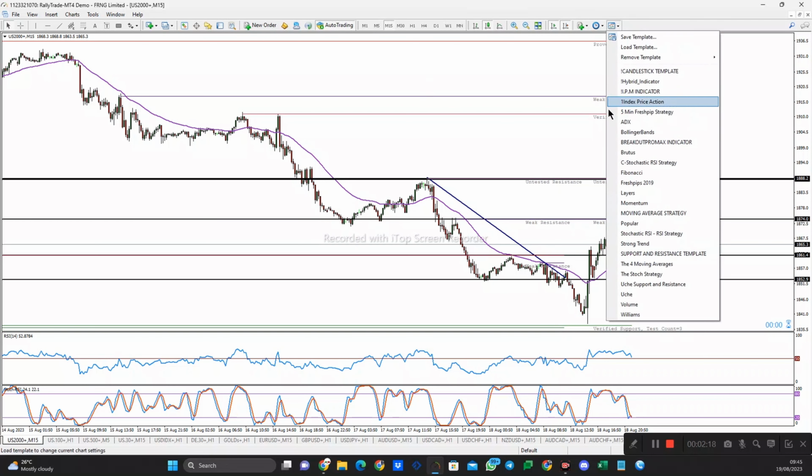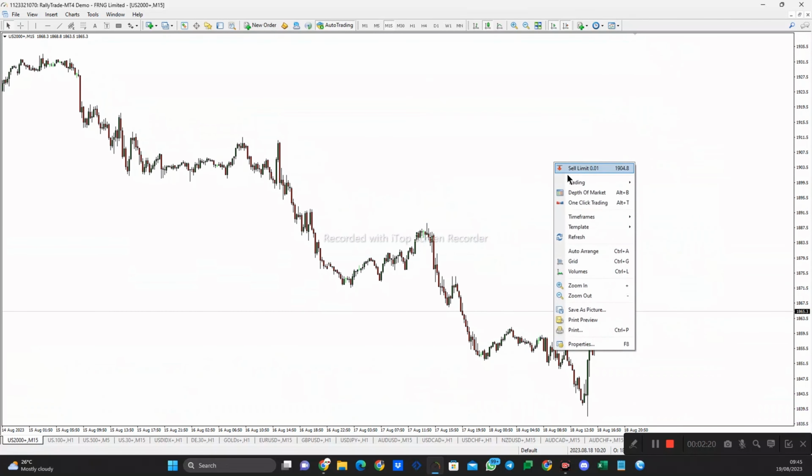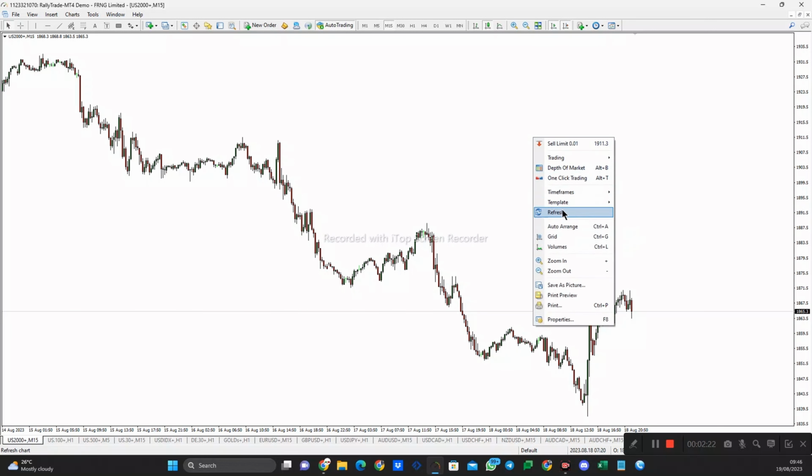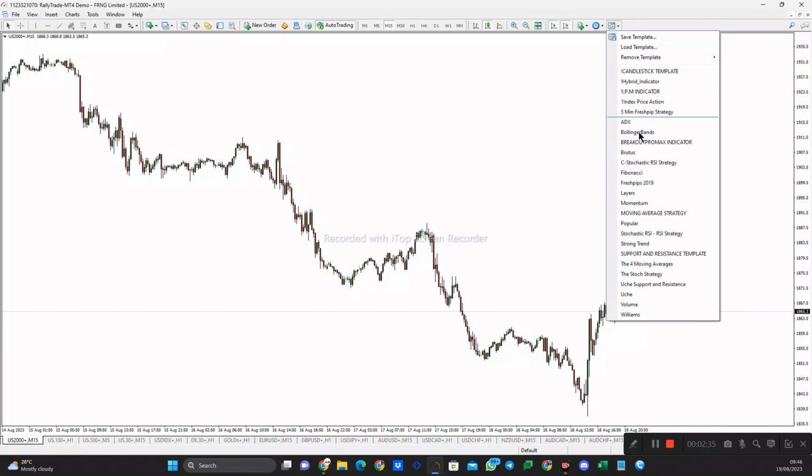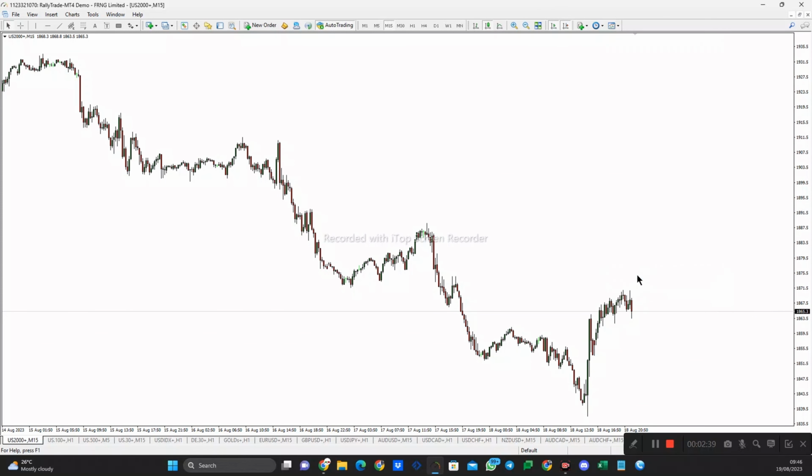I'll clean up my chart, just set up a naked chart. I click on refresh, a naked chart without any indicators, anything, just clean it up, right? Now I have my stochastic RSI VIP indicator, which is this one, Stoch Strategy.